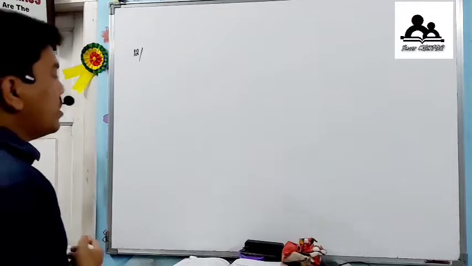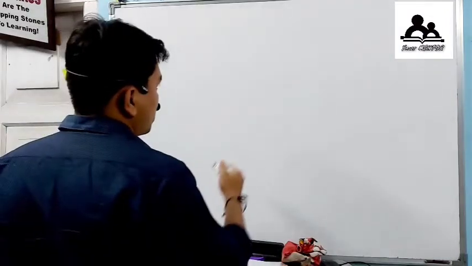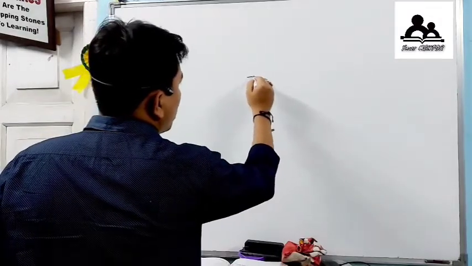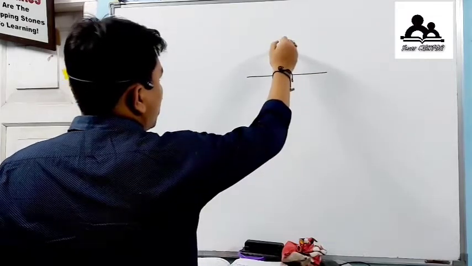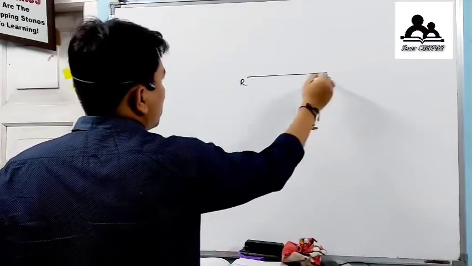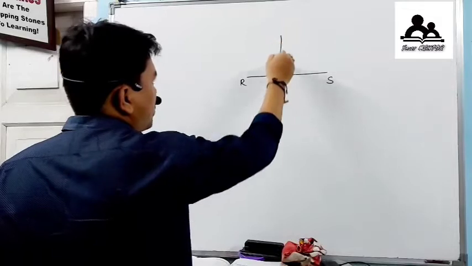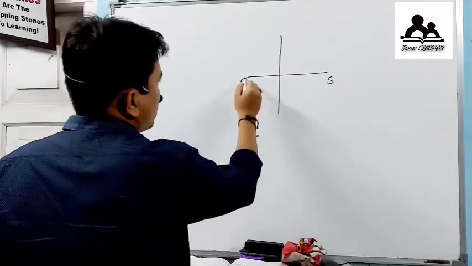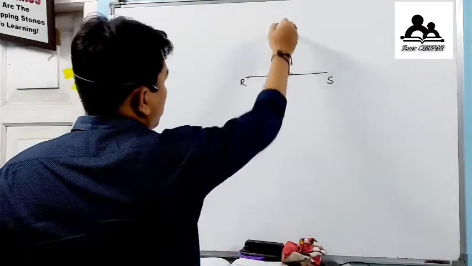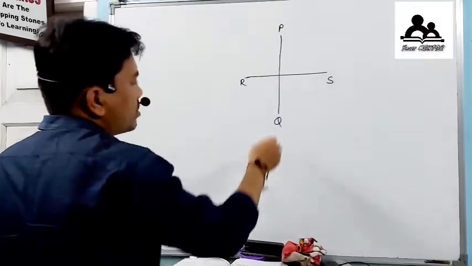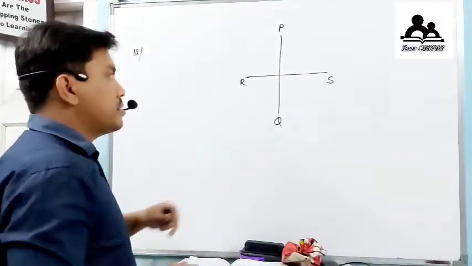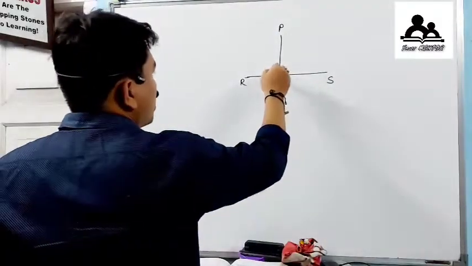See, it is given that PQ is perpendicular to RS. Can you see here, this is RS, and this PQ is perpendicular on it. Okay, let me give the symbol.